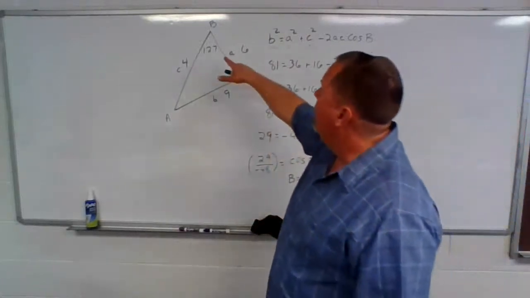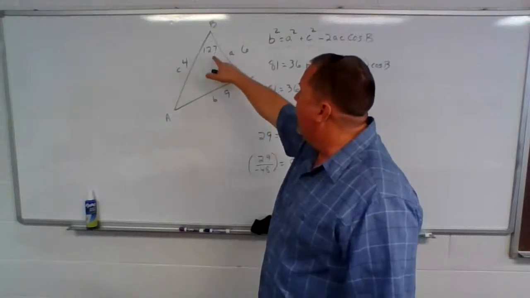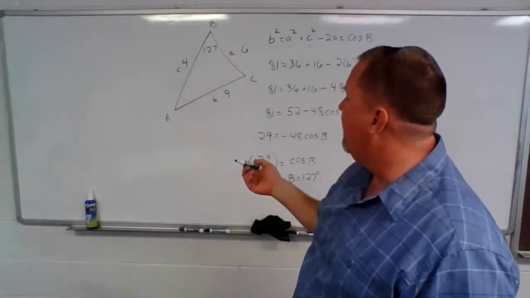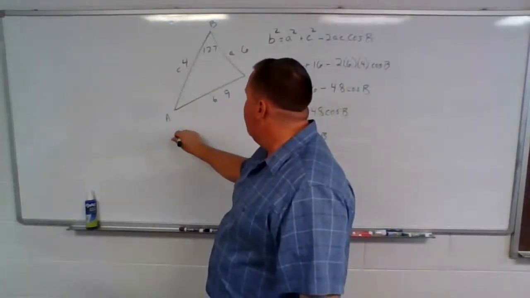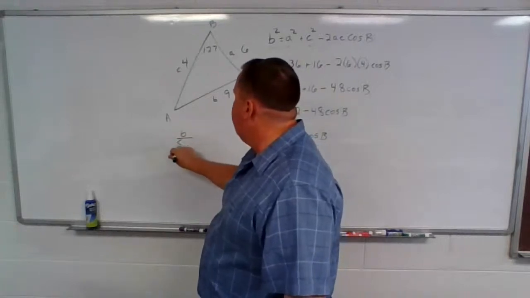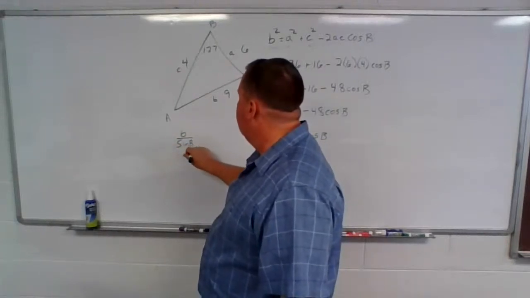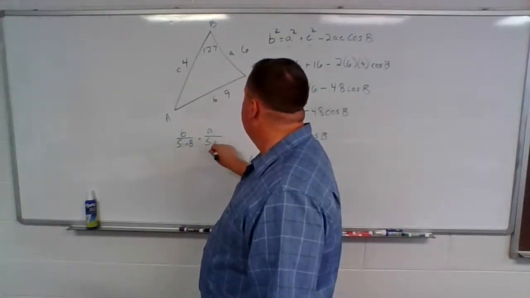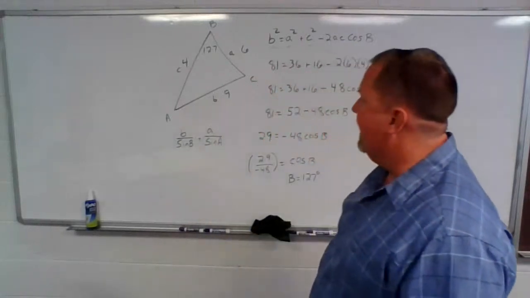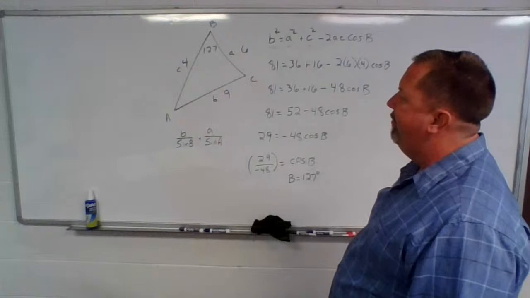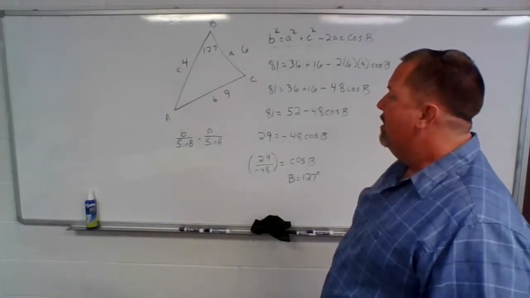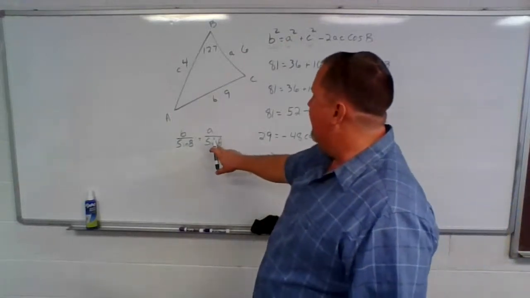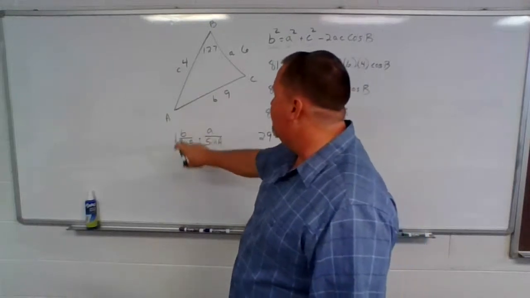Now look, I've got a pair of angle and opposite side, and I can use the law of sines to go after either of the other angles. Let's say B over sine B equals A over sine A. Right now, if I wanted to solve this before I put numbers in, the thing that I don't know is sine A. And so I'm going to use the upstairs downstairs rule.